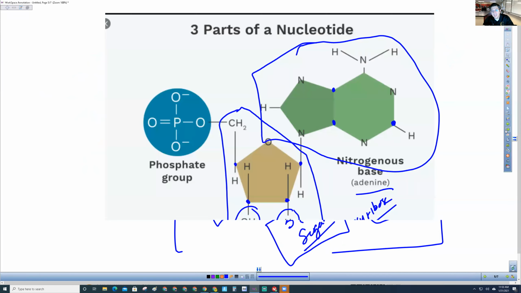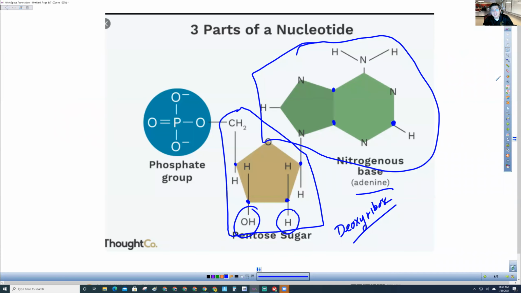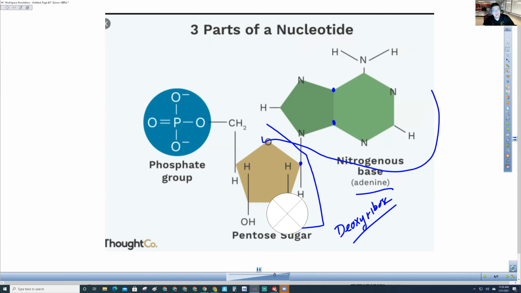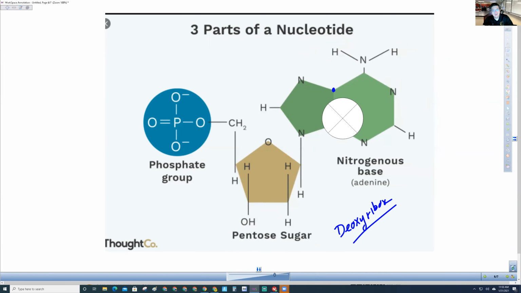How do they come together? Oh, well, what does that molecule actually look like in real life? Remember your molecule training from the first semester, right? Here's a nucleotide and what it looks like. So if we were in class together, you guys would actually have built this molecule with the kits that I have in class.